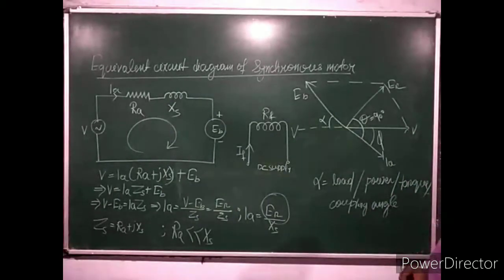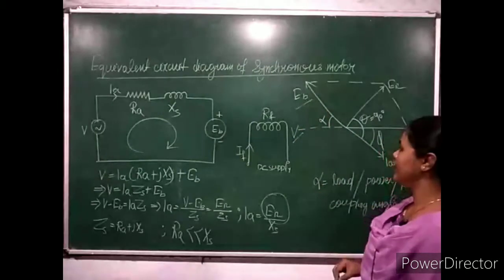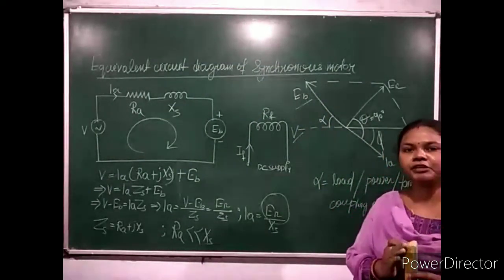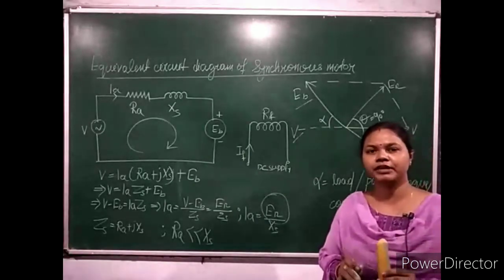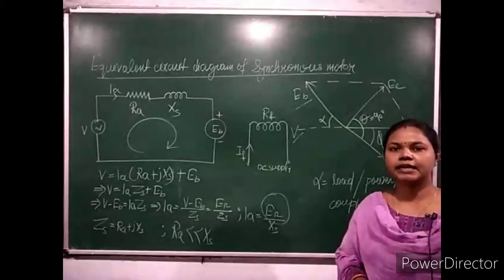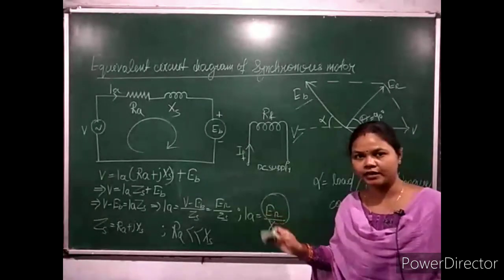Again, it is the phase difference between the back EMF and the applied voltage. You may say that it is the phase deviation between the pole of the rotor and the pole of the stator. This one we will discuss briefly in the next part.